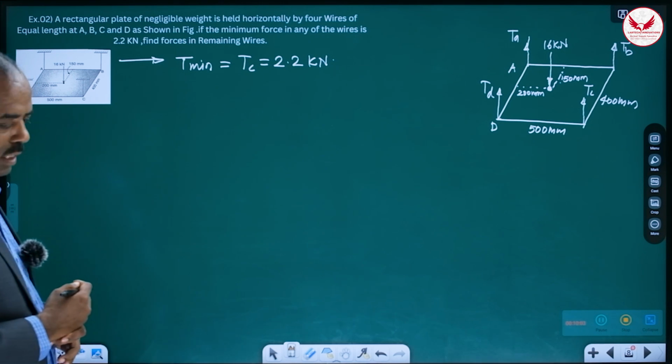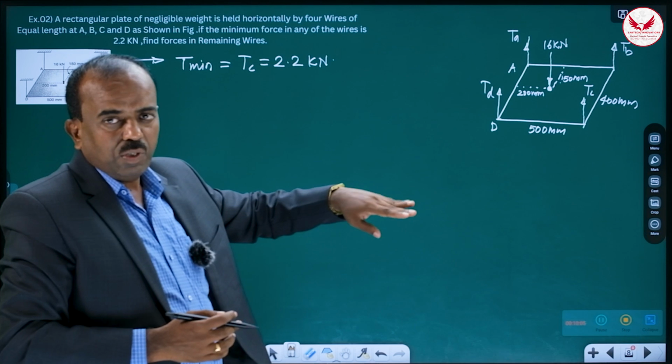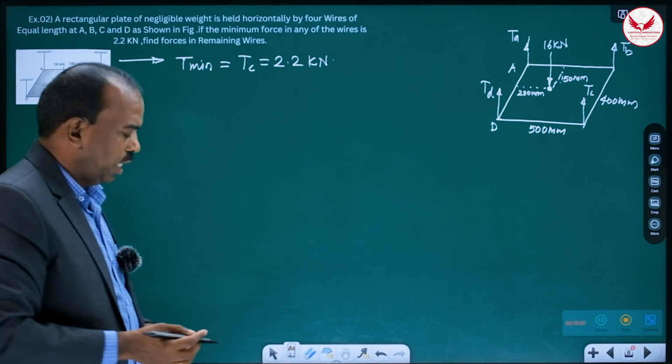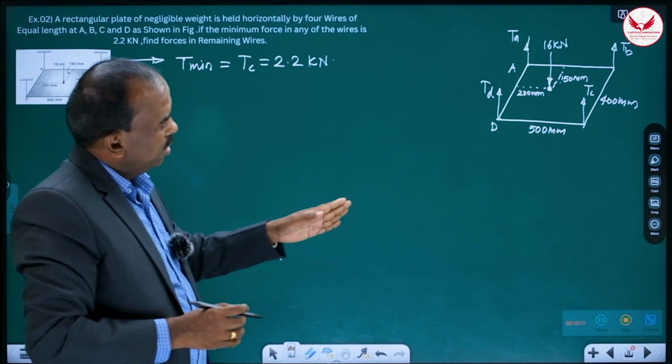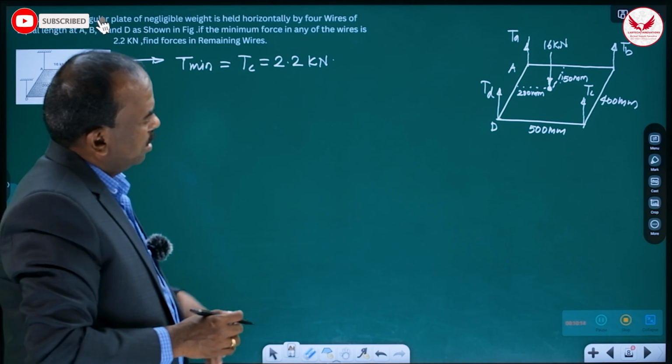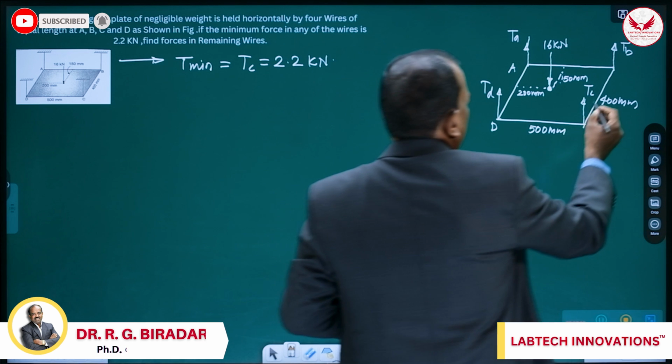Then after that, as I told, we have drawn the free body diagram. Now we have to use 2 times summation M is equal to 0. Then just check, TC is known. Means if we use the axes, so it is what?